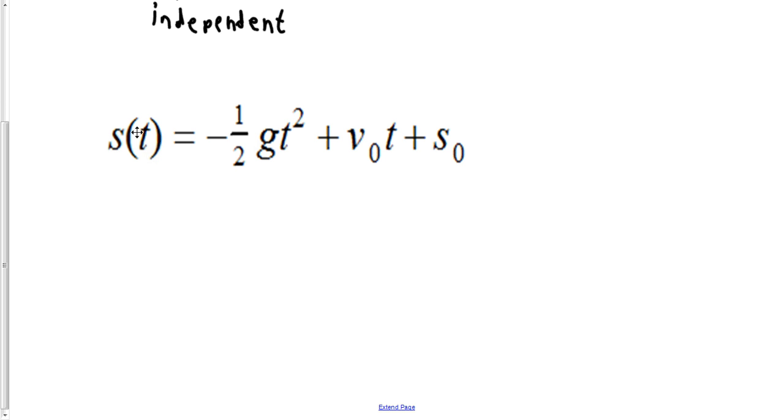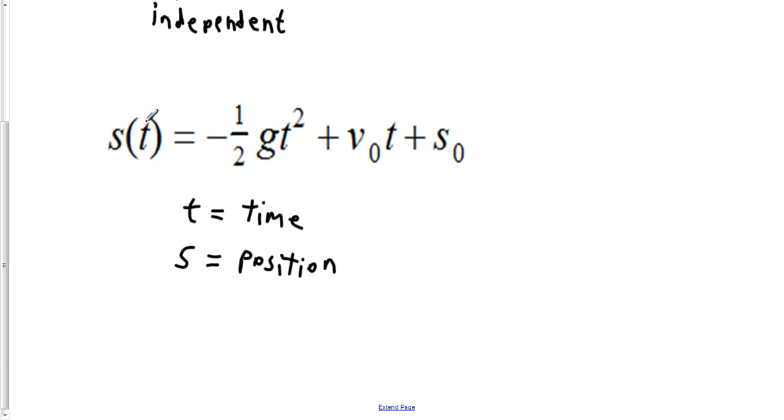So t is time, and s is the height above the ground. They call it the position. Position is really how far from the ground the object is at a certain time.